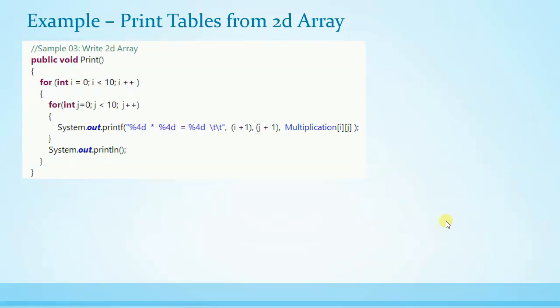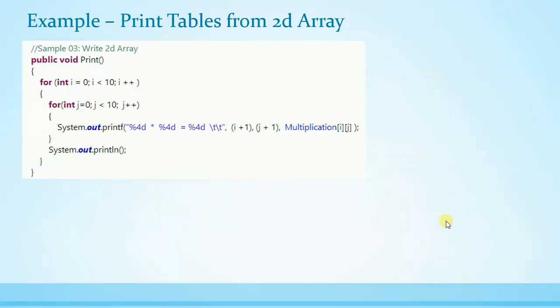So %4d, then some space, the multiplication sign, then some space, then the second dimension j plus 1. The first dimension is i plus 1. In this first %4d, we are supplying the value of i plus 1, that means the outermost for loop value. Then in the second dimension, we are specifying the innermost for loop value, j plus 1.